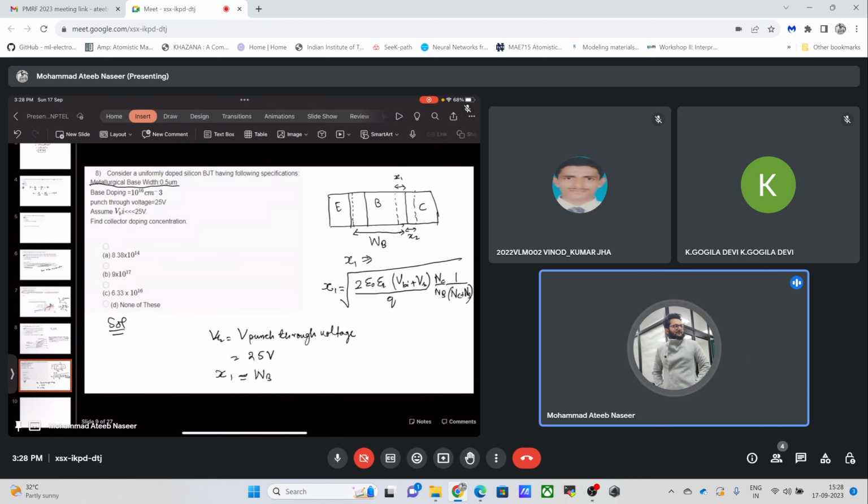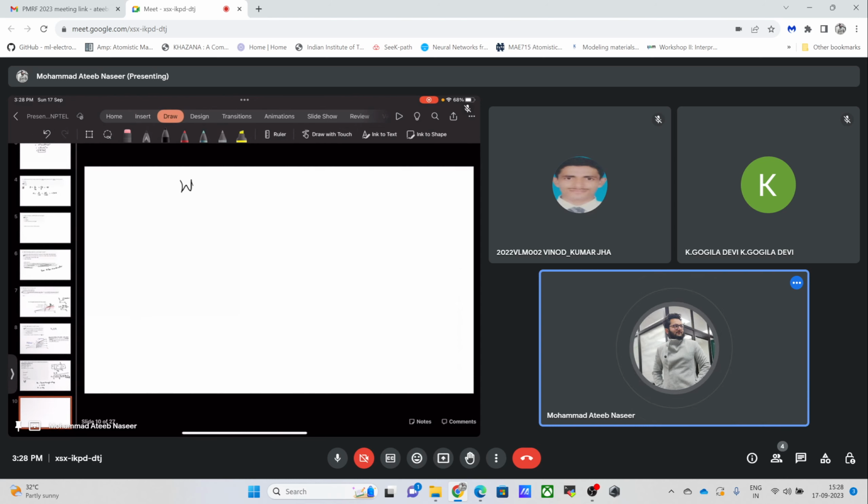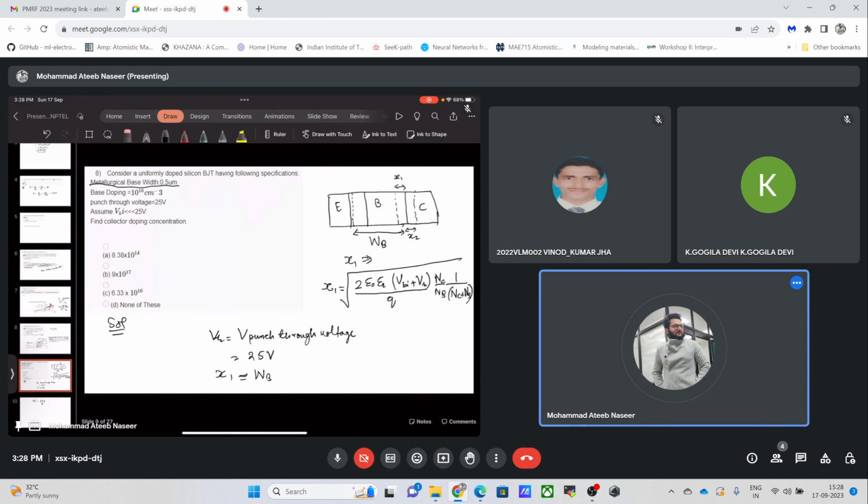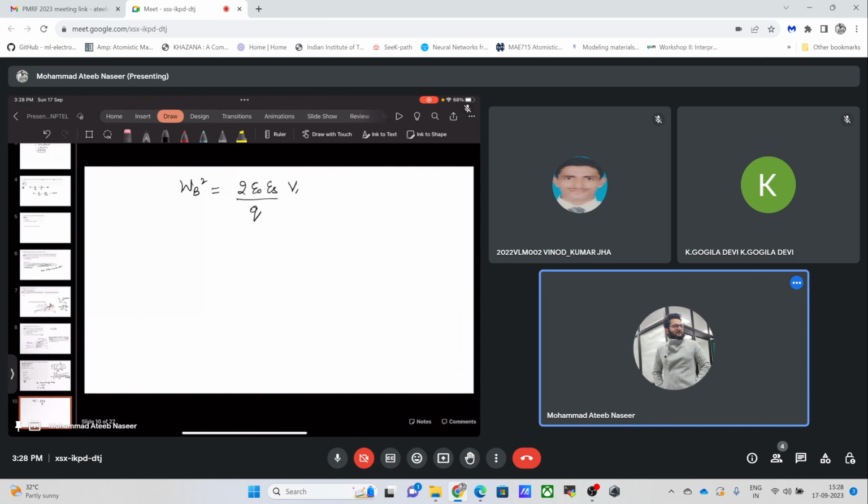So this would simplify the relation to WB square equals 2 times epsilon naught epsilon s divided by Q, times VR, times NC divided by NC plus NB, into NB. We need to find the value of NC.